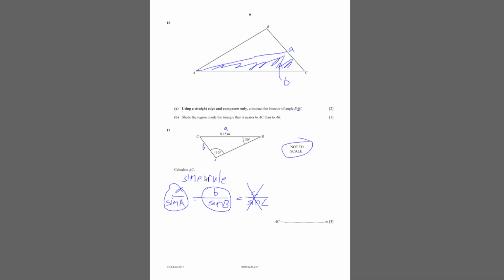Now, to continue, we replace the values we are given. You will need a calculator for this exercise. So first, we get 8.15 over sine 110.